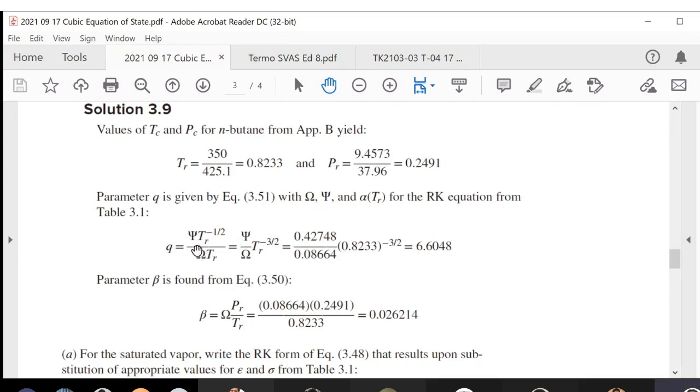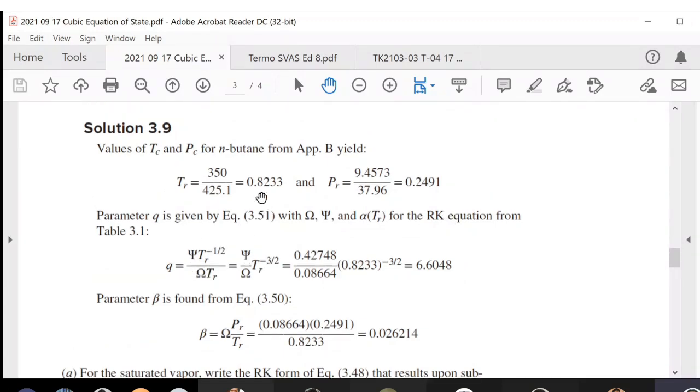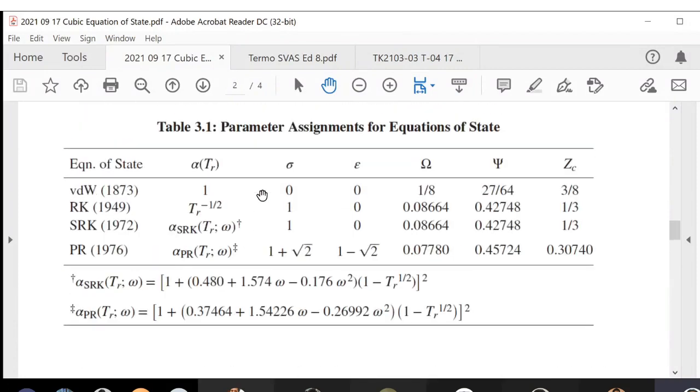What is the omega? If we use Redlich-Kwong equation of state, since it has been determined that we use Redlich-Kwong, then we check that omega, psi, and omega. Let's check in the column over here. This is Redlich-Kwong. This is psi. This is omega.